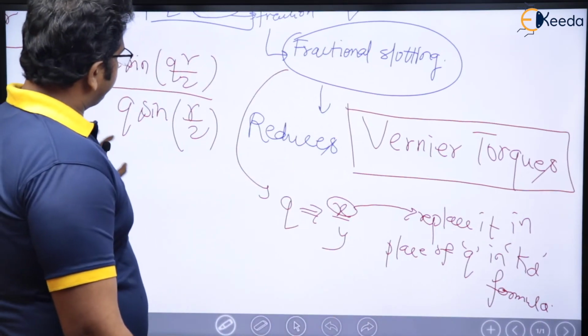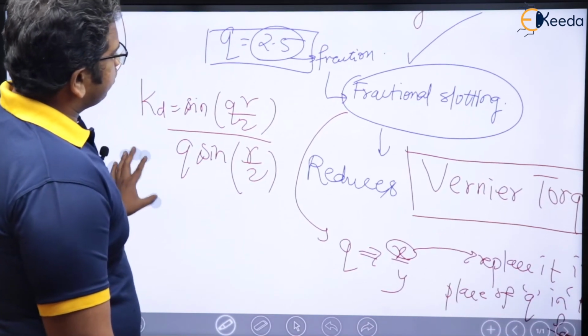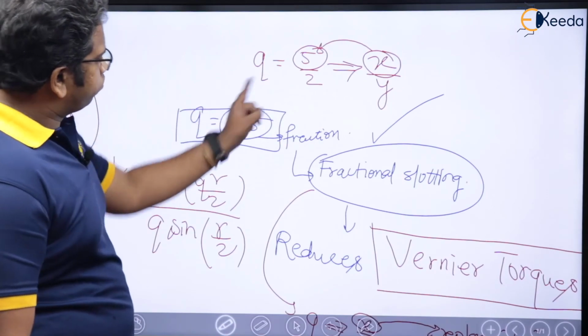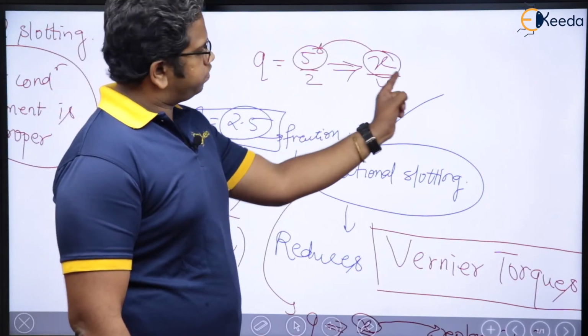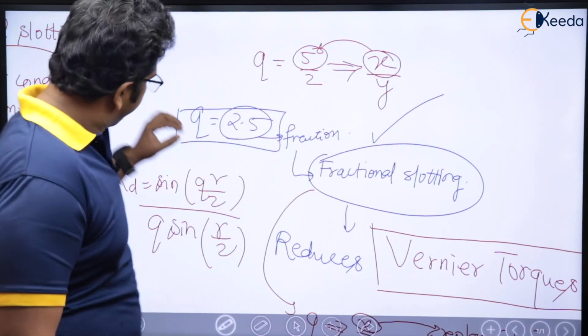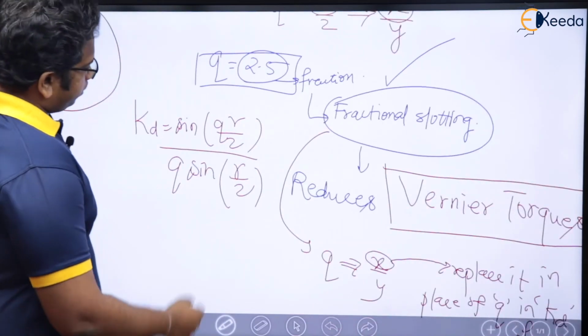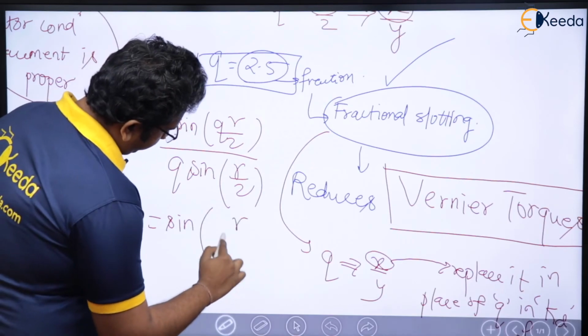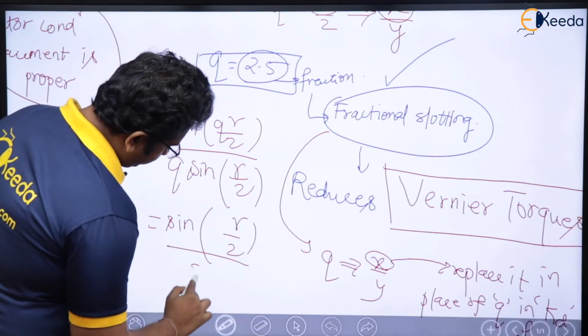Meaning that, in this our example, where 2.5 is represented as 5 by 2, which means x by y, x is equal to 5. So if x is equal to 5, then let me write the whole thing.